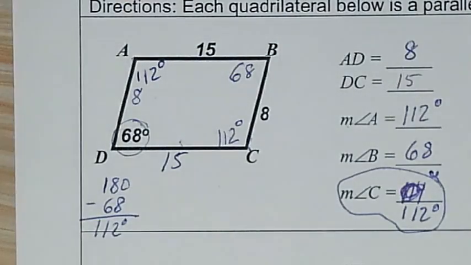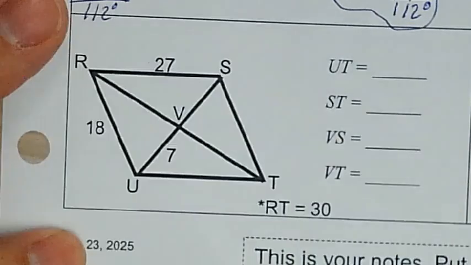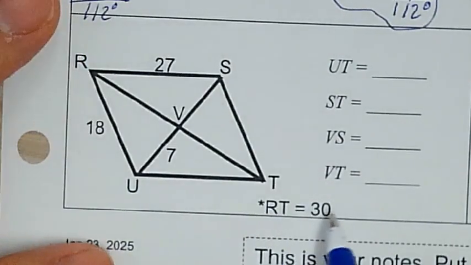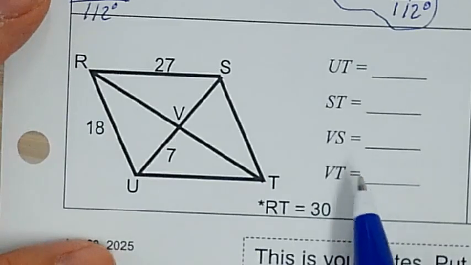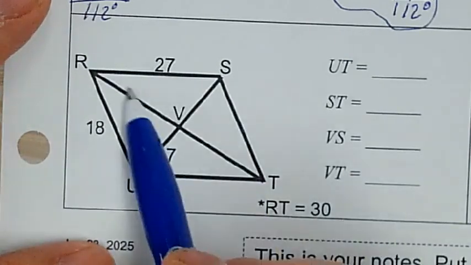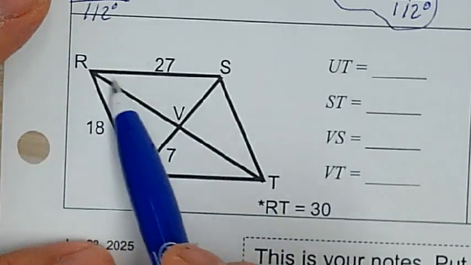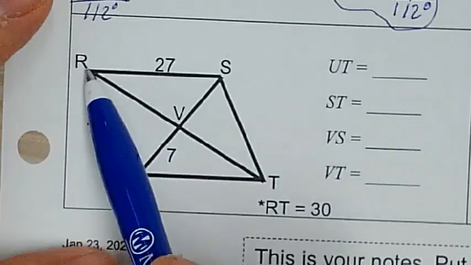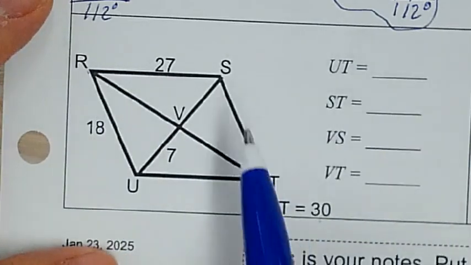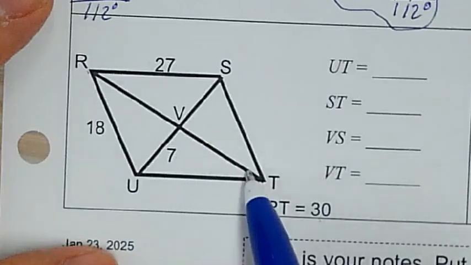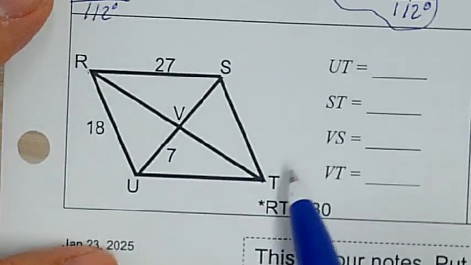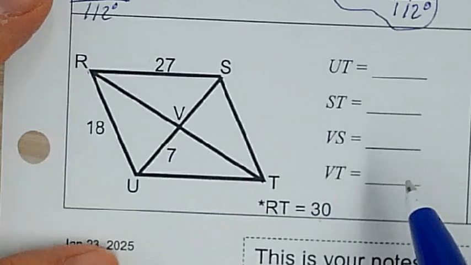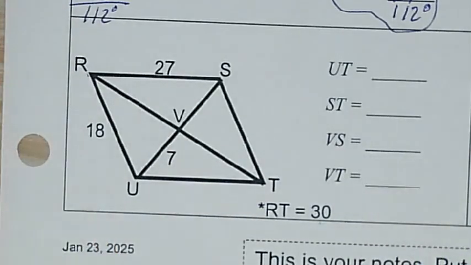Looky here. There's a little piece of information down here or else you can't do the problem. It says the distance from R to T is 30. What can you glean from the fact that R to T is 30? What other information does it give you? Now remember, they're talking about sides only.